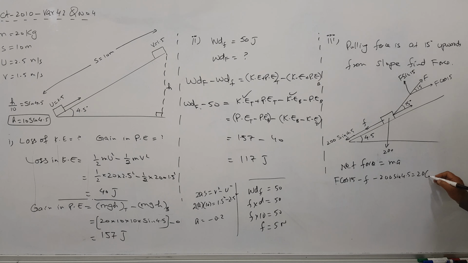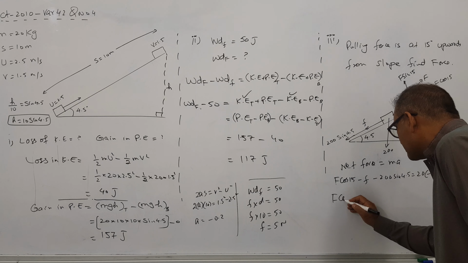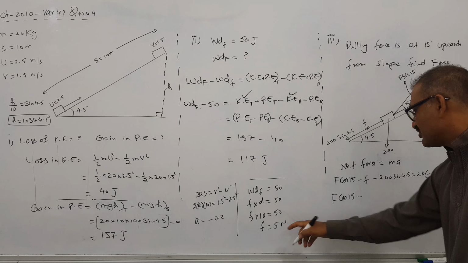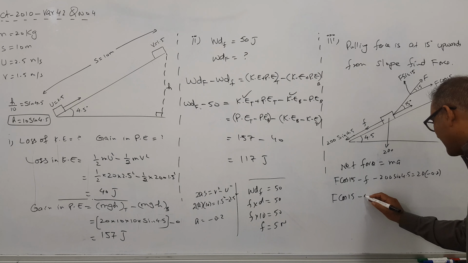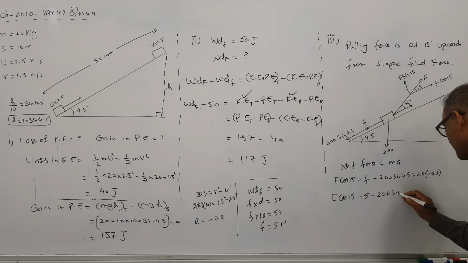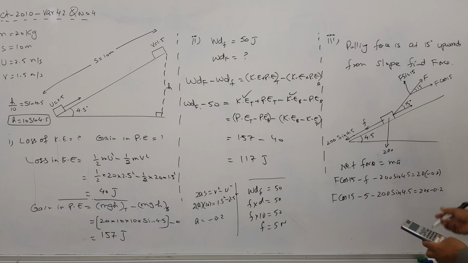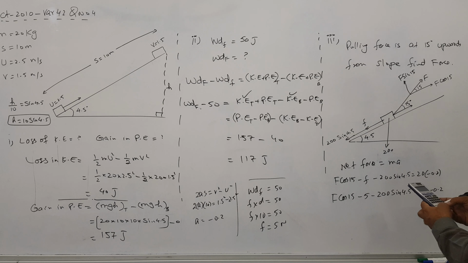So F cos 15, friction force is 5, so I type all together: 20 times negative 0.2, plus 5, plus 200 times sine 4.5.